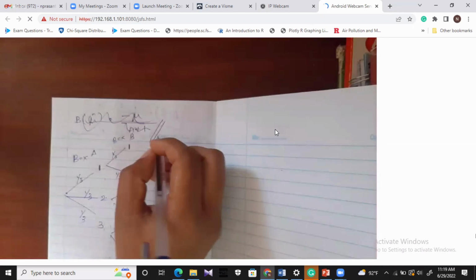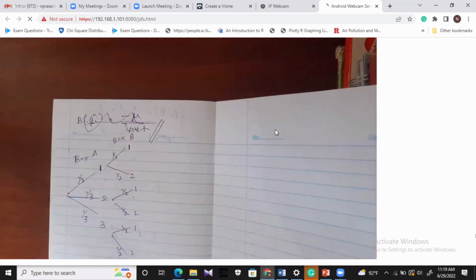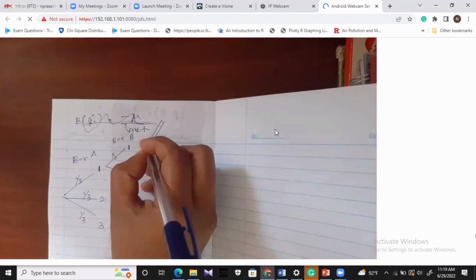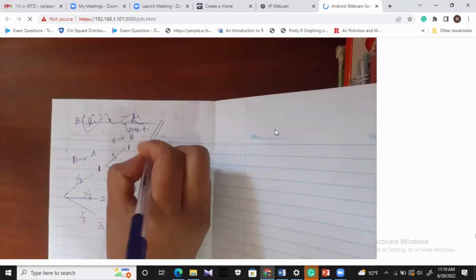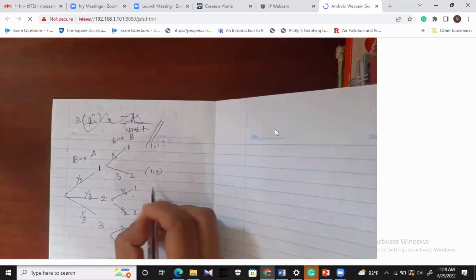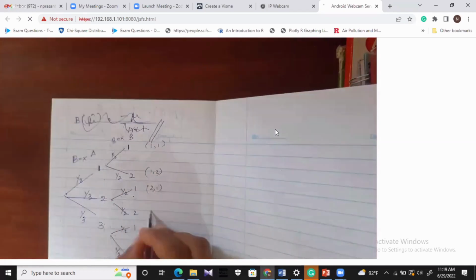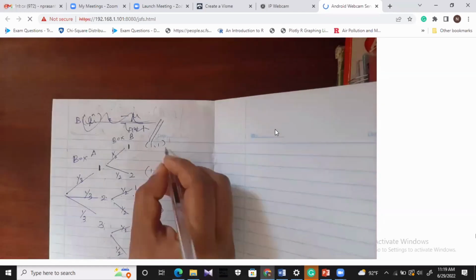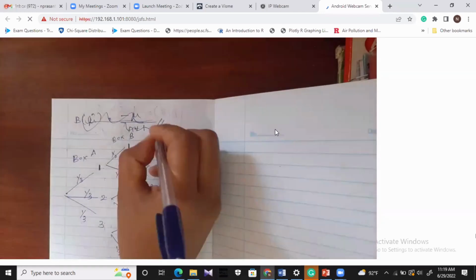Now you can list all the possible outcomes for this experiment. We write those outcomes as pairs: 1, 1; 1, 2; 2, 1; 2, 2; 3, 1; 3, 2. Altogether, we have 6 outcomes, right?